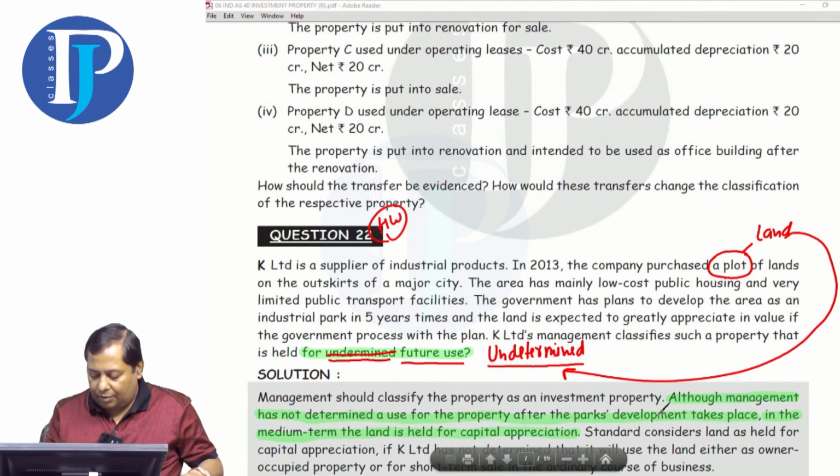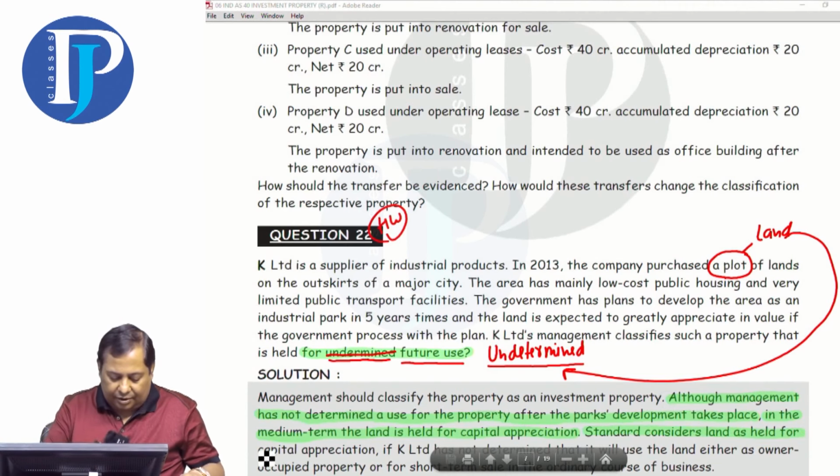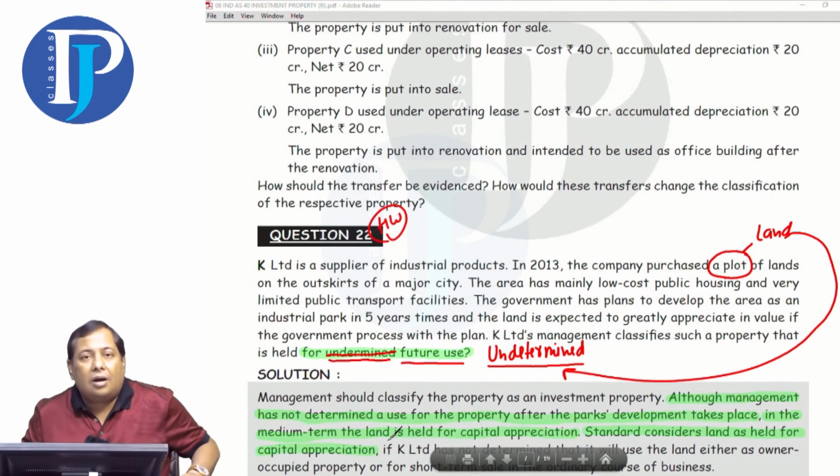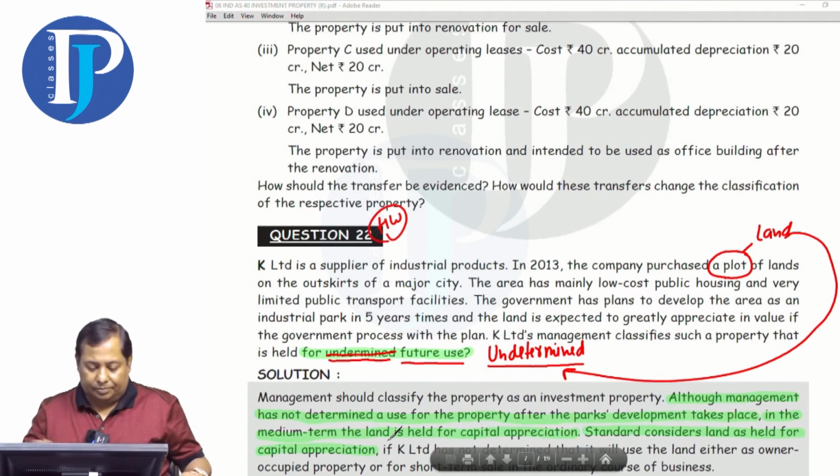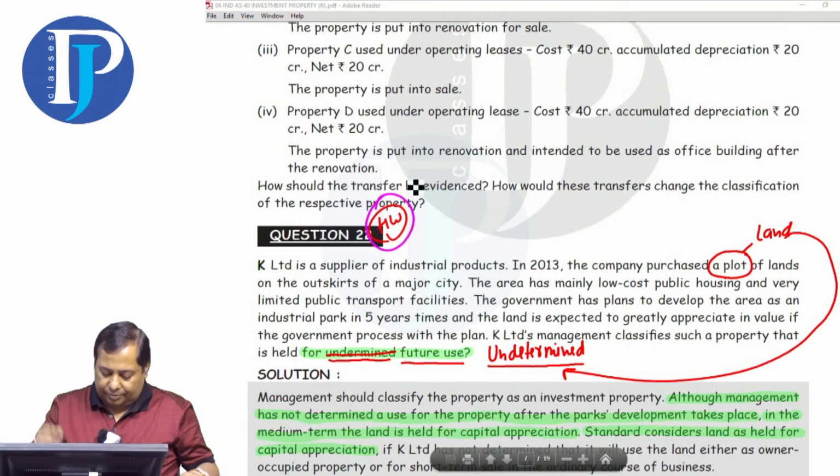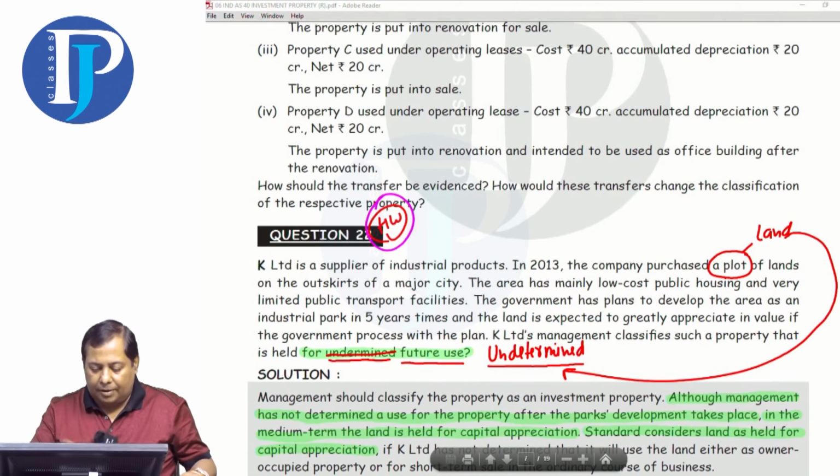Standards consider land as held for capital appreciation. If you connect the land with capital appreciation, then 40 will be applied. Therefore, I am giving you homework. You can read this question.